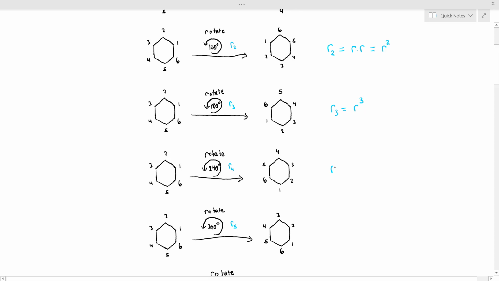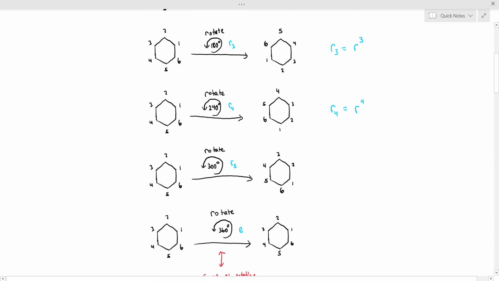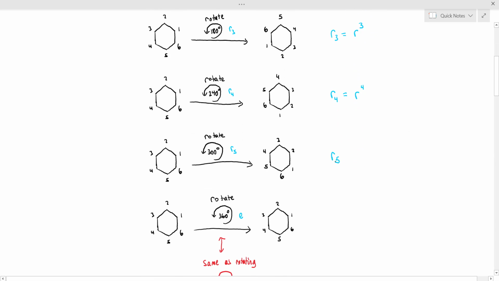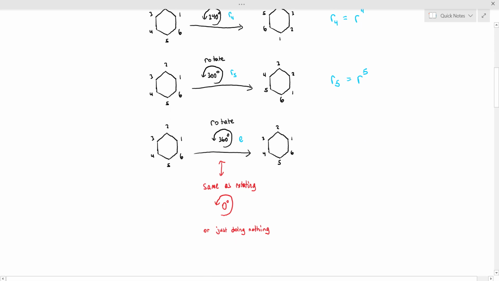Rotating 240 degrees counterclockwise is the same as rotating 60 degrees counterclockwise 4 times altogether, so r to the 4th power, and so on and so forth. Here at the end, if you rotate by 60 degrees counterclockwise 6 times, so r to the 6th power, it's the same as doing nothing.